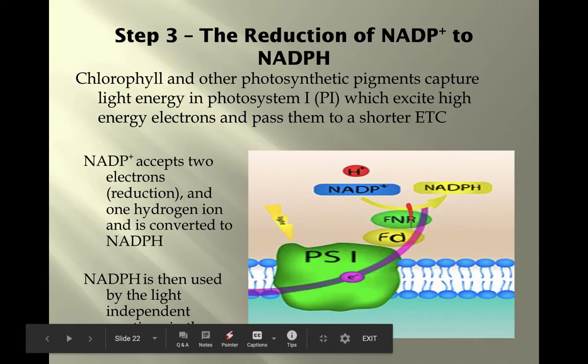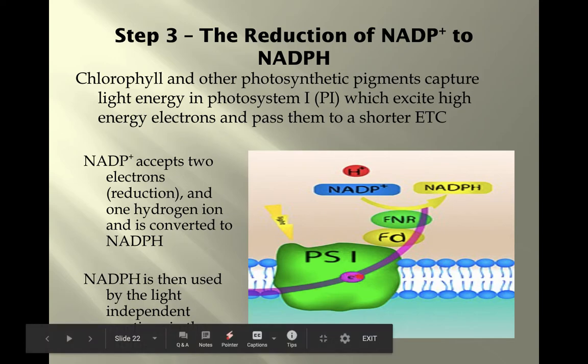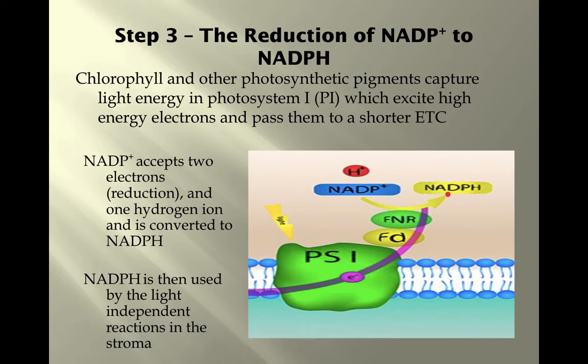They are then passed to NADP plus, which incorporates a hydrogen ion to produce NADPH. NADPH is actually a high energy molecule because it contains two high energy electrons, storing them for later use.